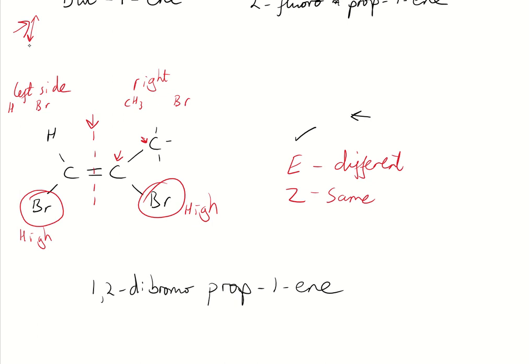And then as I said, with the Z isomer, if they are on the same side, they're both sticking down here, whereas the CH3 and the hydrogens are up. So the same side, I simply put a big Z in front of it. And then it distinguishes it from, if I just doodle it across here, this one would be the E isomer, and then exactly the same rest of the name.